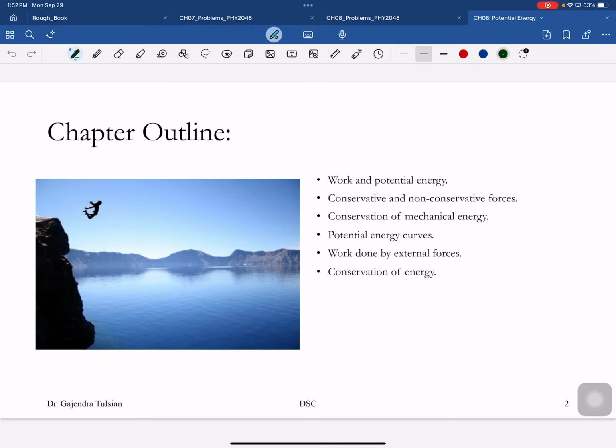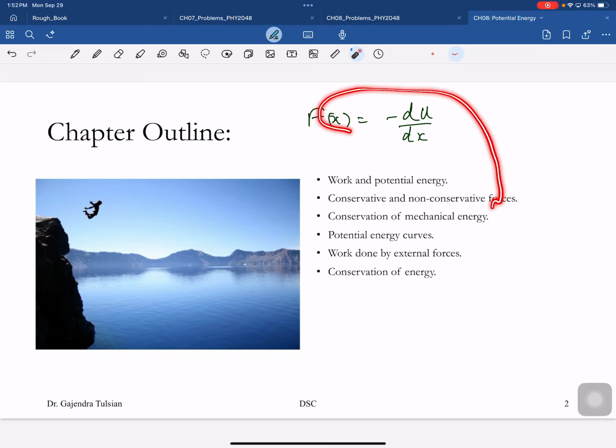A conservative force can be written like so, and a non-conservative force cannot be written like so. What are the two forces that you'll know can be written like that? Spring and gravity. What are the forces that cannot be written like that? Everything else.